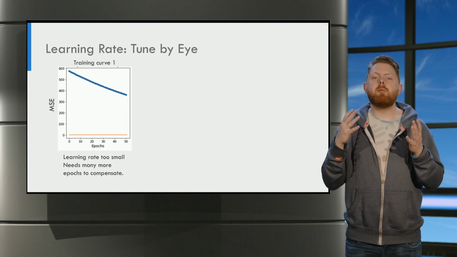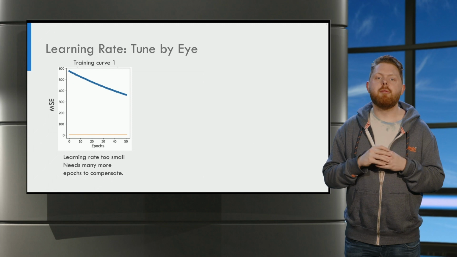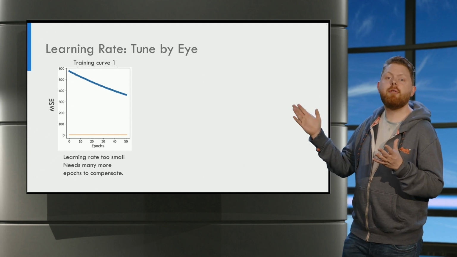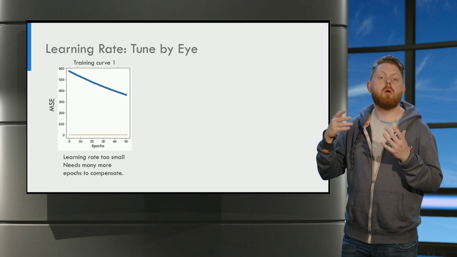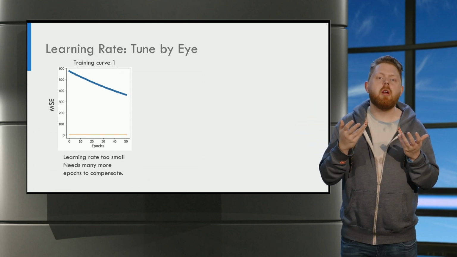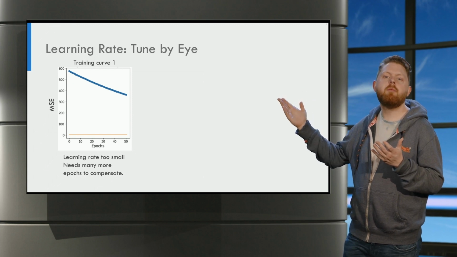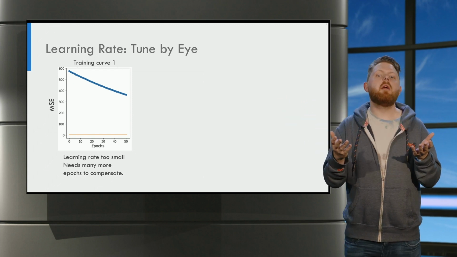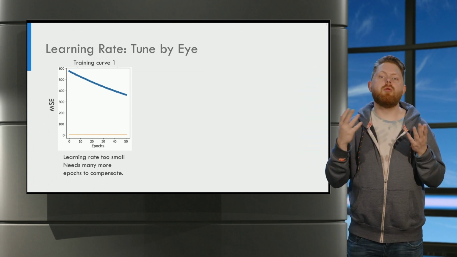Tuning of the other hyperparameters can be done by looking at a training curve. The training curve shows you on the y-axis the objective function, or how good your model is performing, and on the x-axis it shows you the number of epochs. Ideally, your objective function is going down and converges to a good solution.